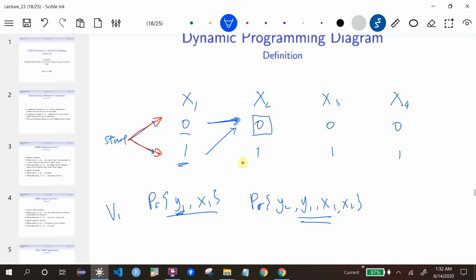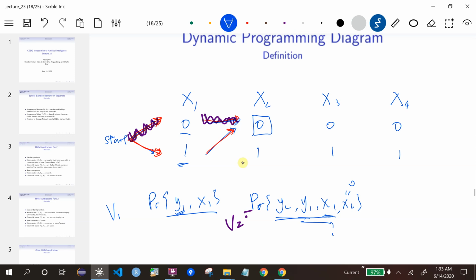In particular, it means we have x2 is 0, and y1, y2 we already know from the training data, and x1 we don't know, but we want to compare which one is best. So we'll try this path, and we'll also try this path, and we will select the one that's more probable, right? Because we can compute both of these probabilities, and let's select one that's more probable, say that one. So I will keep the value of only this path. I don't care about the other one because it has a smaller probability, so it's less likely. I'll store the information in V2.